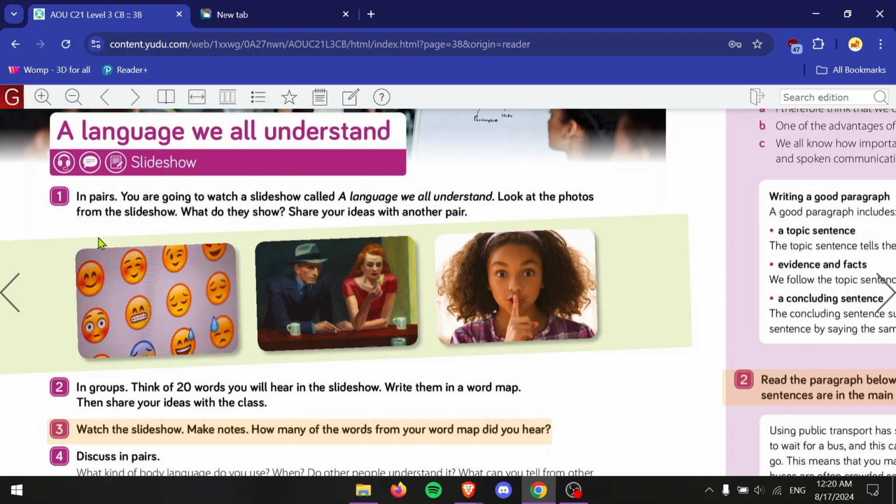Okay? So looking at the pictures here, I'd say it has probably something to do with emotions. The first guess is because of emojis here. Also something like body language.